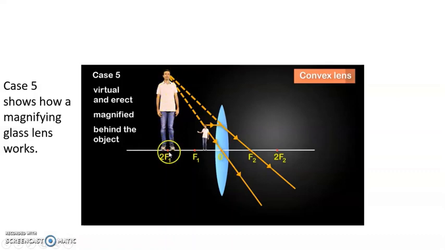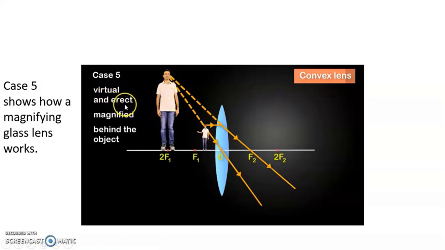So you can see that the image, as compared to the object, the image is virtual, okay? Because these lines are dotted, right? The light rays are not actually coming from that point. They appear to be coming from that point, but they're actually not coming from that point. So we're going to use virtual. And then we're saying it's erect.